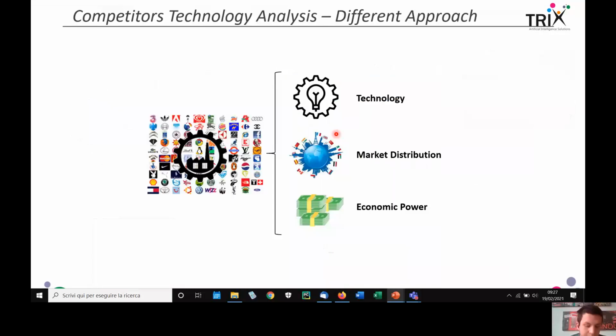Even the analysis of competitors can now be carried out at another level, a technological level. I can see what technologies they use and not just how many patents they have. Also, I can see the market distribution, the economic power based on a specific technology, for example.